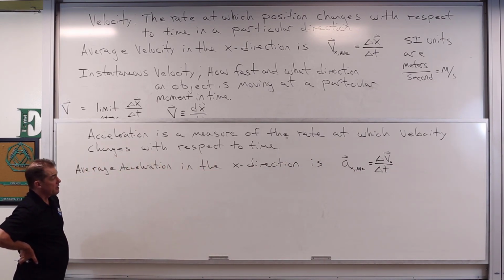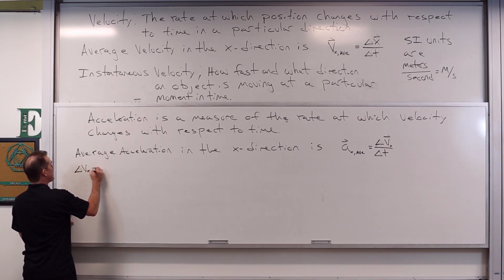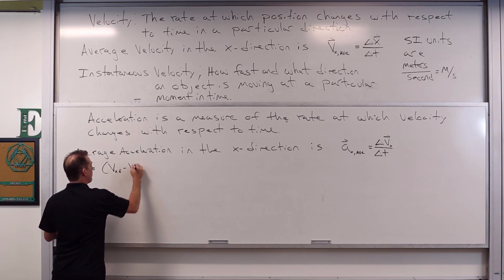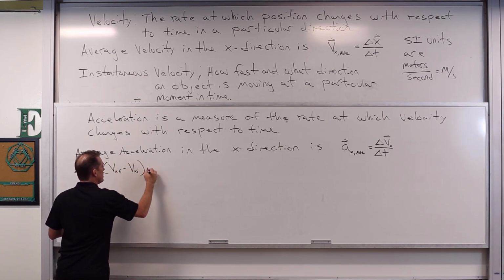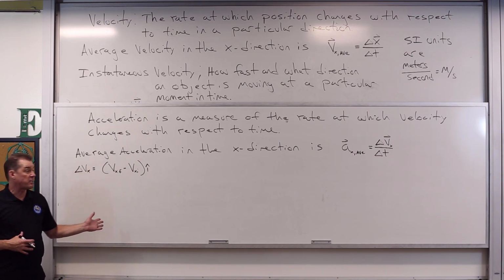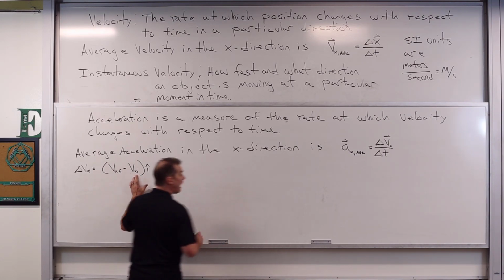So this is how we define average acceleration. What do we need? Well, delta v sub x is going to be v sub x final minus v sub x initial, i hat. It's the change in velocity that's occurred. So we need to know what the final and initial velocities are.